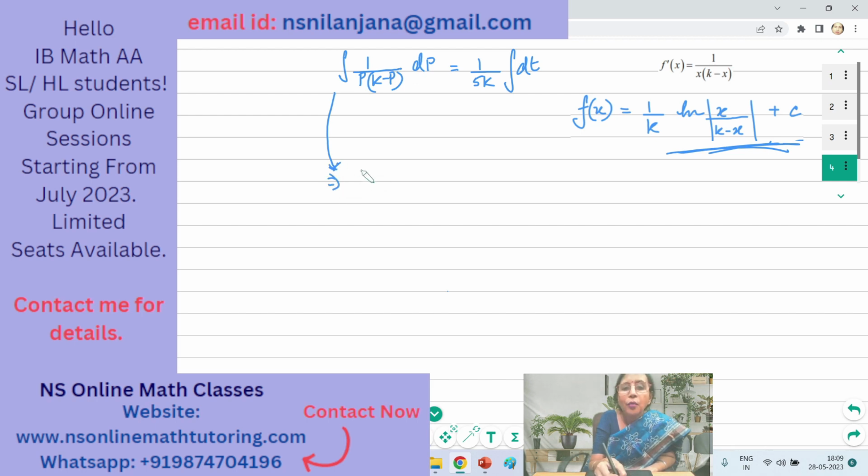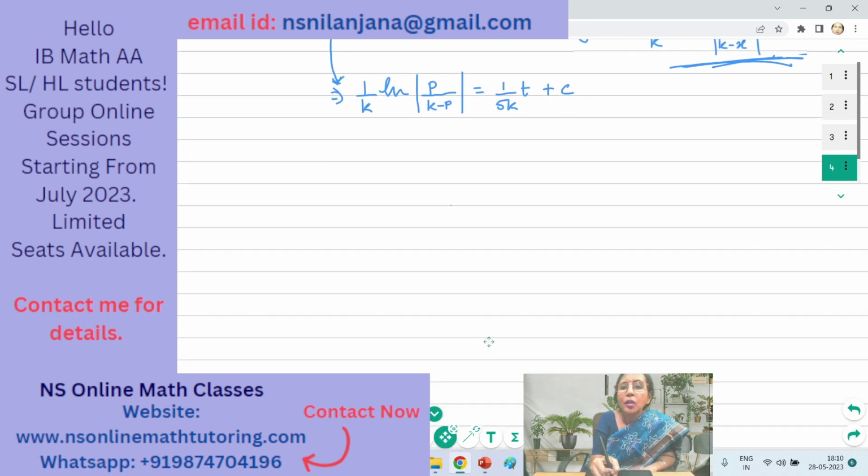It is 1 over k ln of p over (k minus p). And I'm not writing the c because I'll be writing it after integrating the right hand side. So it is 1 over 5k and t plus c.